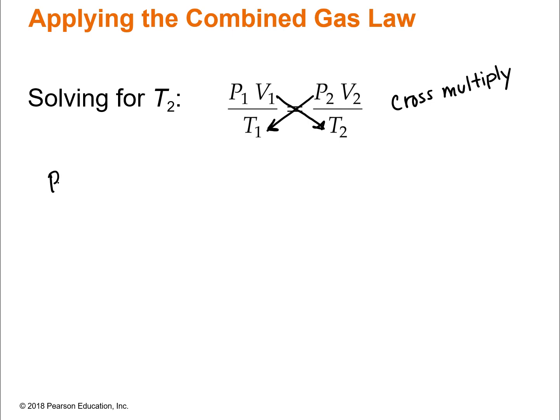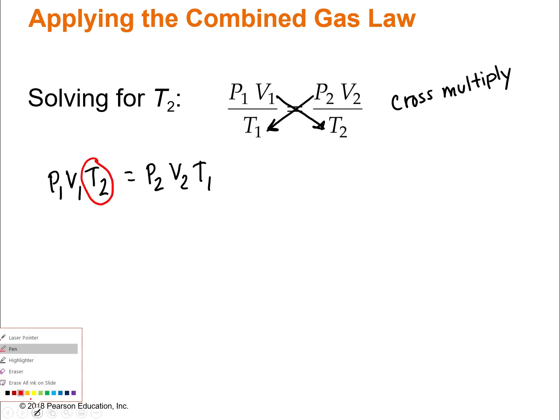So you get P1 V1 T2 is equal to P2 V2 T1. Now, since we're solving for T2, we need to isolate it, which means dividing by P1 V1.